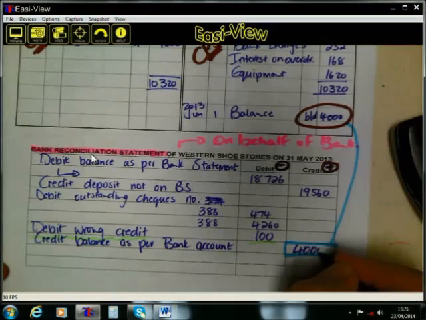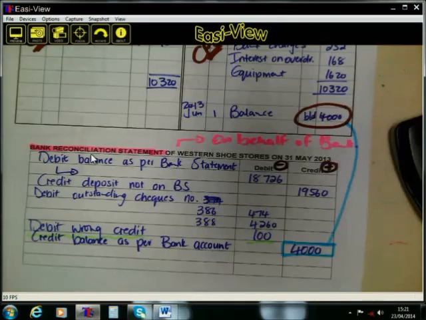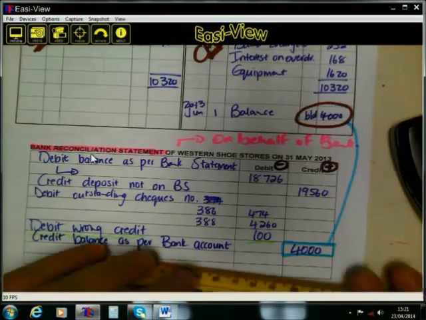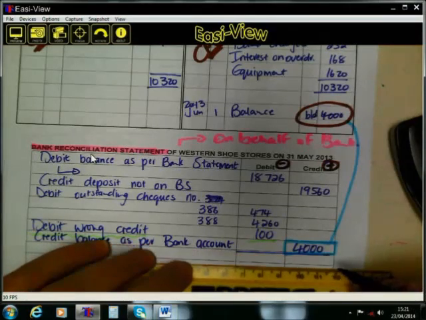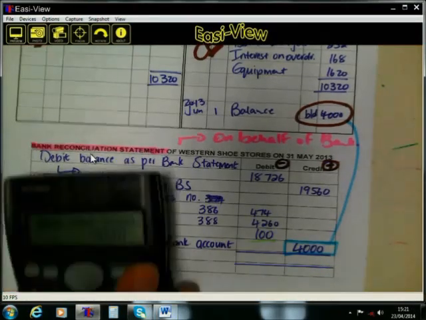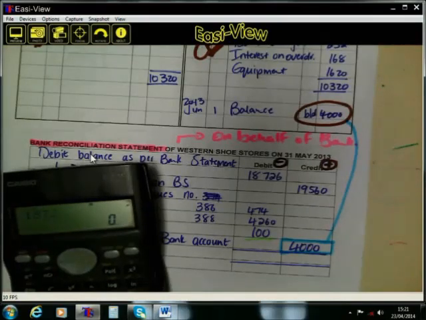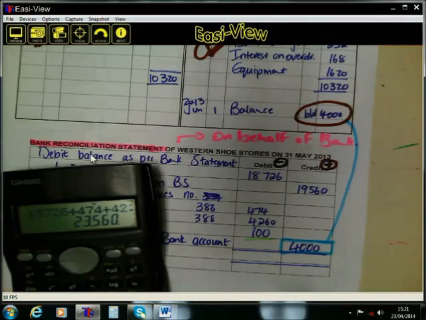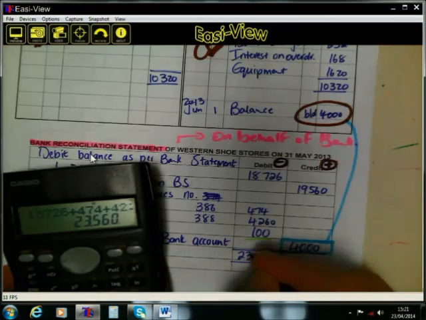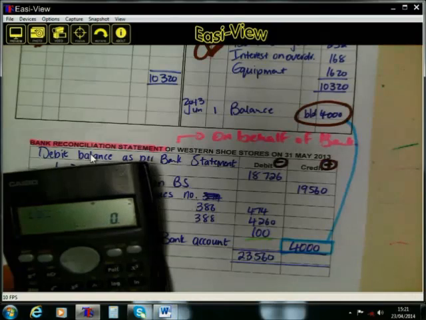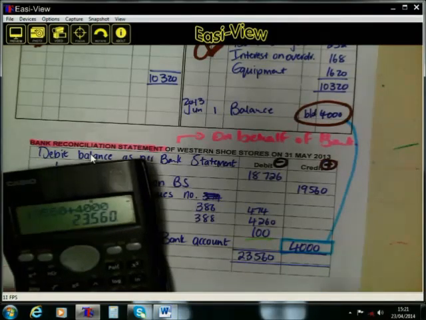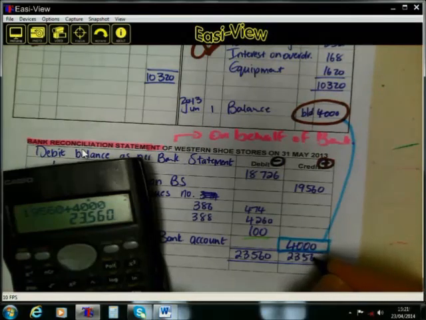And if you put the 4,000 rand there and you add up the debit side and the credit side of the bank reconciliation statement, then you're going to see that the debit side is 18,726 plus 474, 4,260 and 100 rand, 23,560, and 19,560 plus 4,000 rand gives us 23,560.